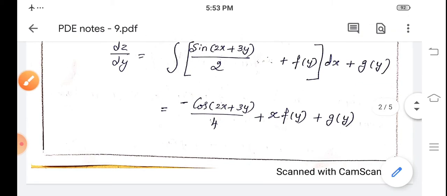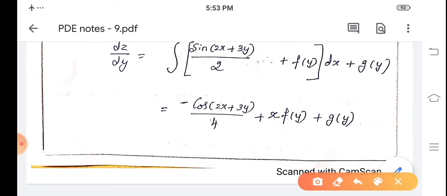After completing this integration, we obtain integration of sin(2x + 3y) divided by 2. The integration of the sin function is minus cos. So it is minus cos(2x + 3y) divided by 2 into 2, so it becomes 4.